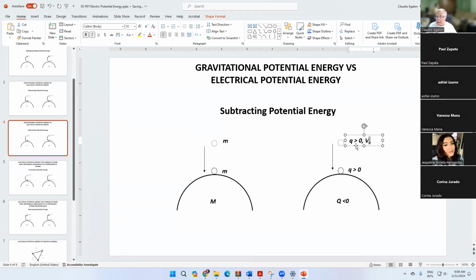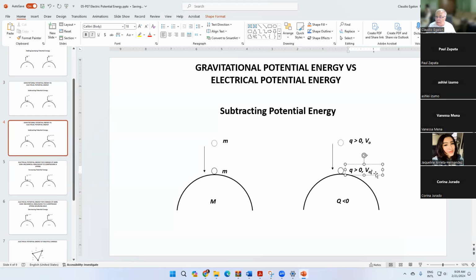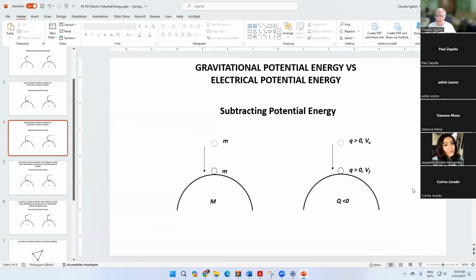And then at this point right here at the bottom, just before it strikes the big charge, the electric potential is going to be VF. That's how we illustrate this problem.